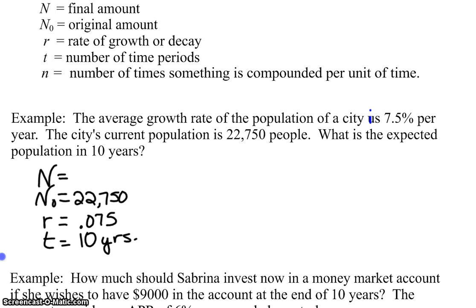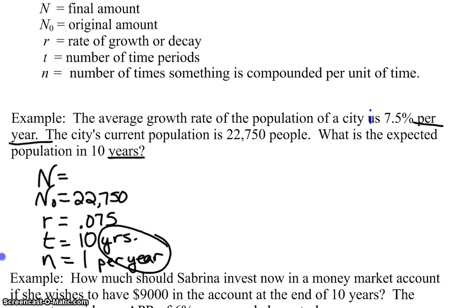And n, the number of times something is compounded, it's per year and 10 years. Our unit of time matches. So in that case, n is once, because it happens once per year.